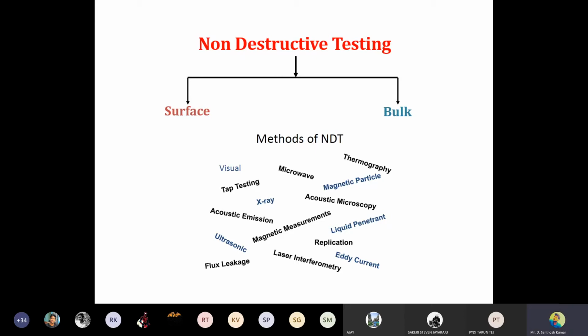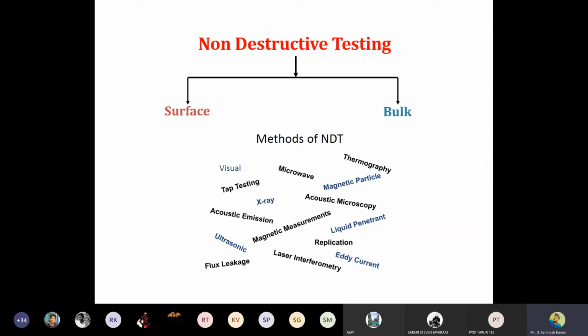So if you know beforehand that most of your defects are going to be limited to the surface, then you need to select a surface NDT method. If there are cracks on the surface, then you have to go for surface NDT methods.